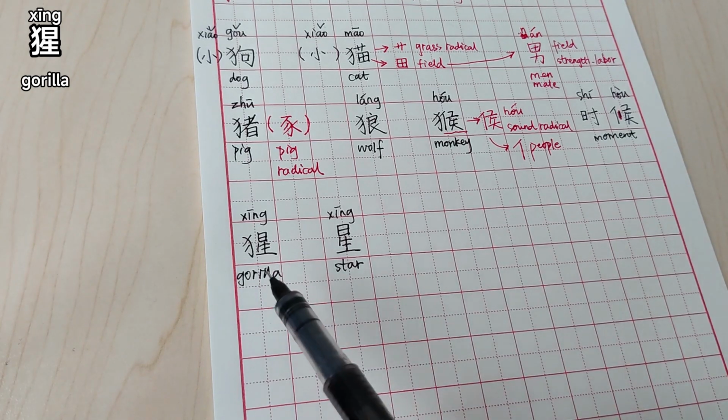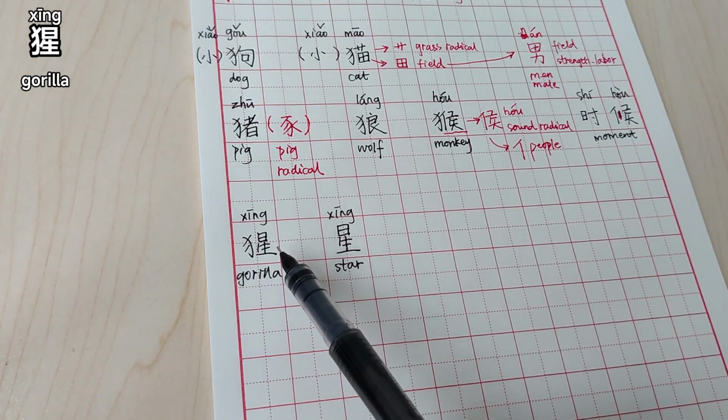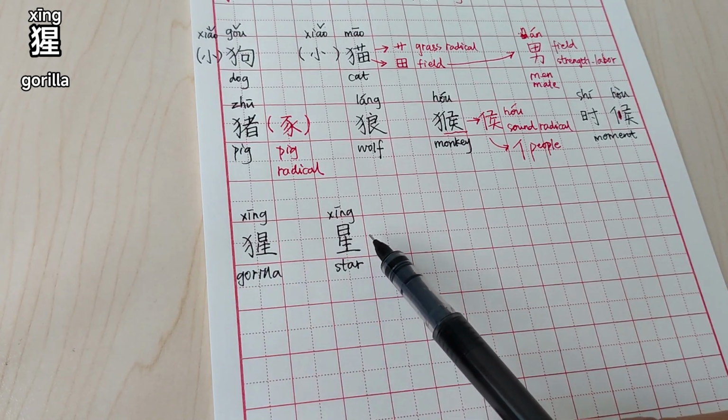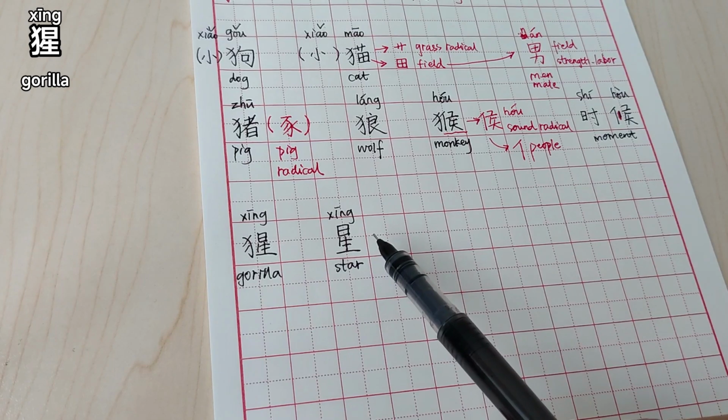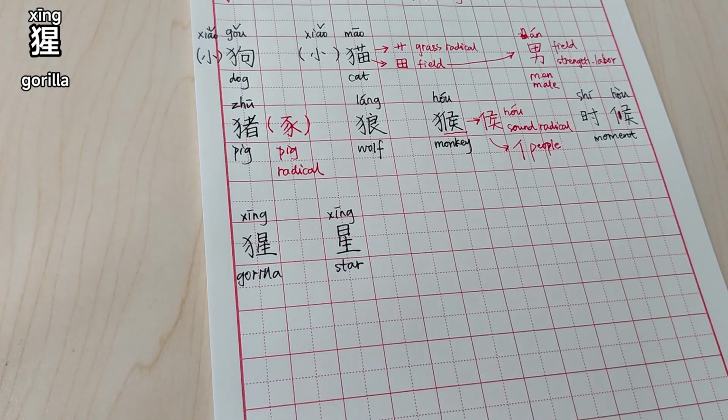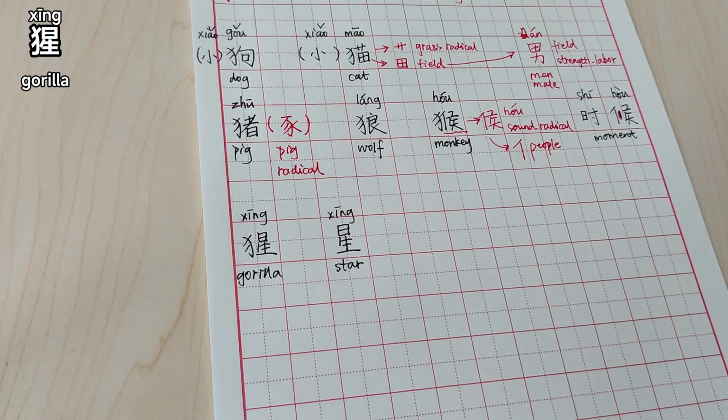To say gorilla, we say xing xing 2 times. And to say stars, it's also xing xing. The pronunciation is completely the same, but the hanzi is different, so the meaning is different. Normally you can tell from the context whether they're talking about the gorilla or the star. But if you are really confused, you can ask, is the xing xing for the animal or the xing xing in the sky?